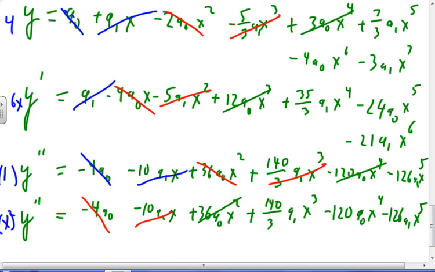Oh, I'm sorry. 28 thirds plus 6 times 35 thirds minus 126 plus 140 thirds. 0.